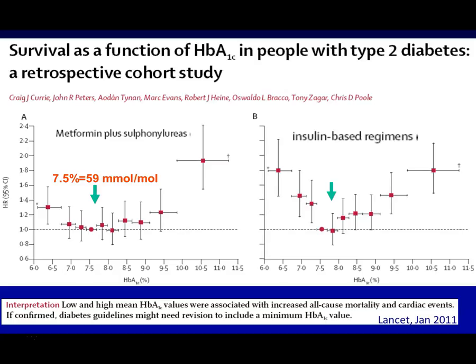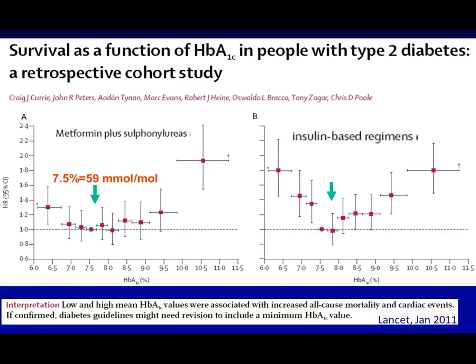A few years later, the survival of patients as a function of the glycosylated hemoglobin in subjects with type 2 diabetes was investigated in a retrospective cohort study. In both insulin-based regimens and metformin plus sulfonylurea based regimens, we see that there's an optimum of glycosylated hemoglobin. This means that it's no good to strive for the lowest hemoglobin levels.